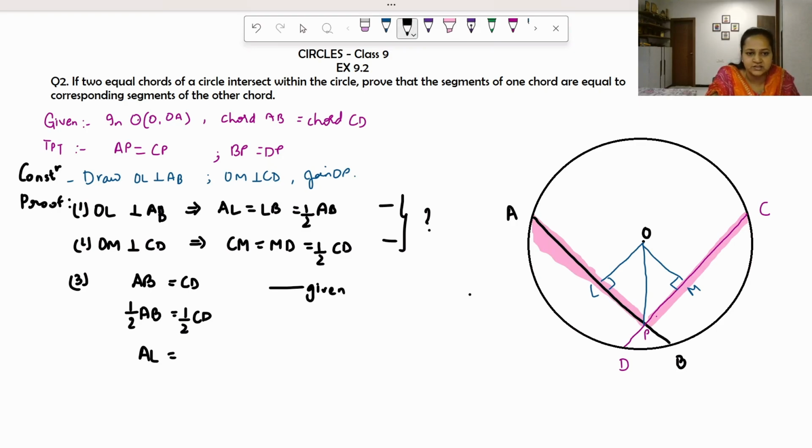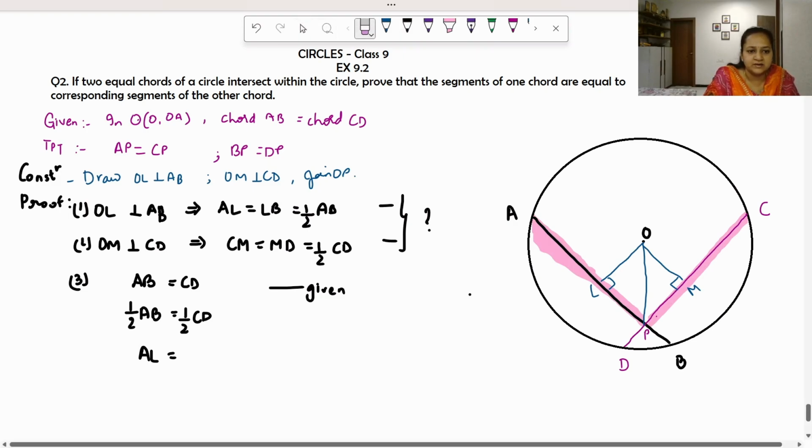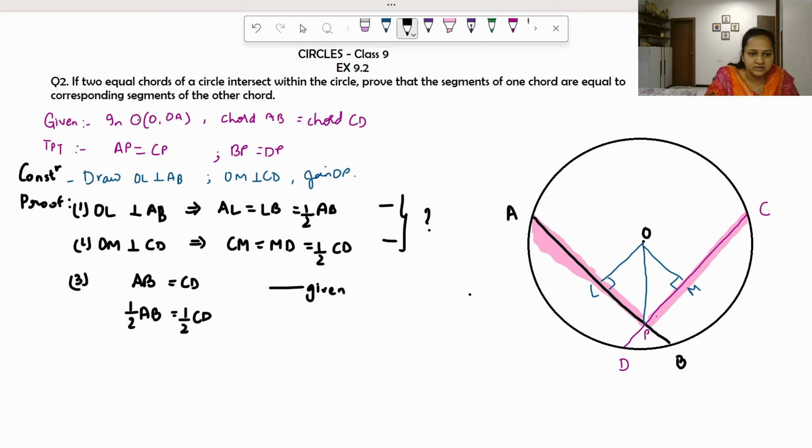For now, we need AL, so we are writing AL. We may need the other part as well, so let us write it both ways. First, the first half of AB I'm taking as AL, and the second half I'm going to take as LB.